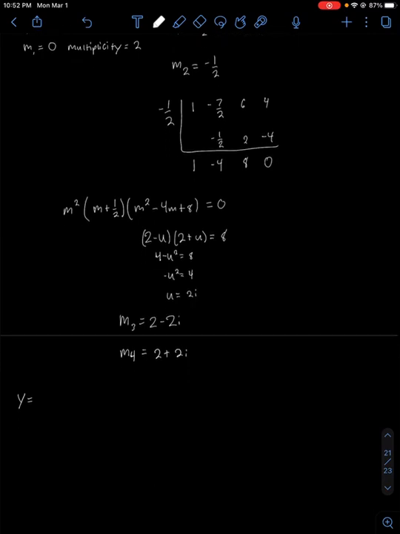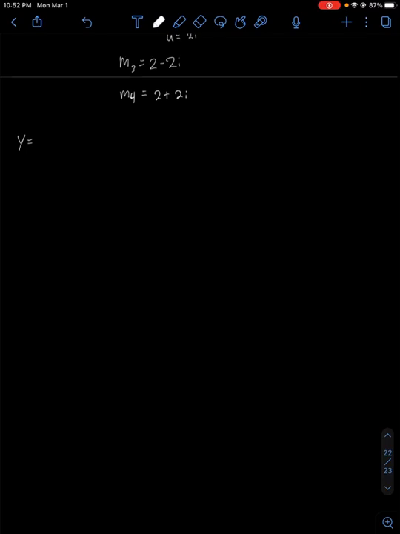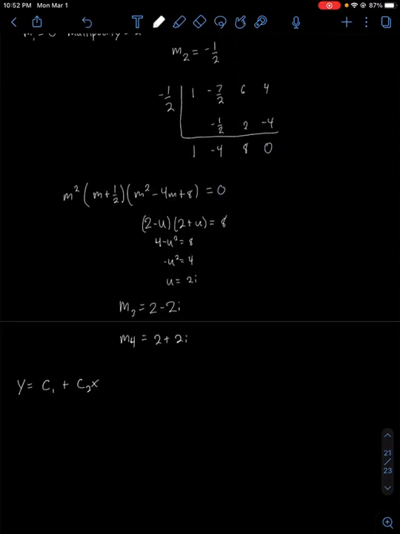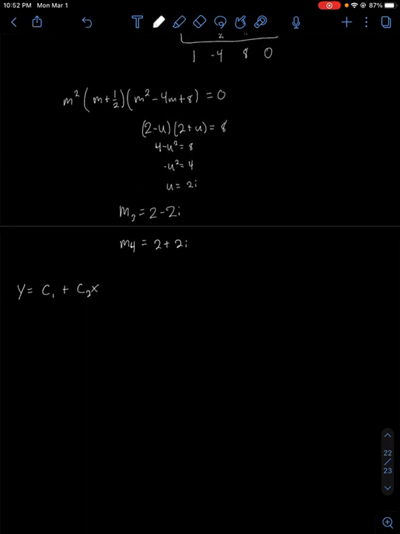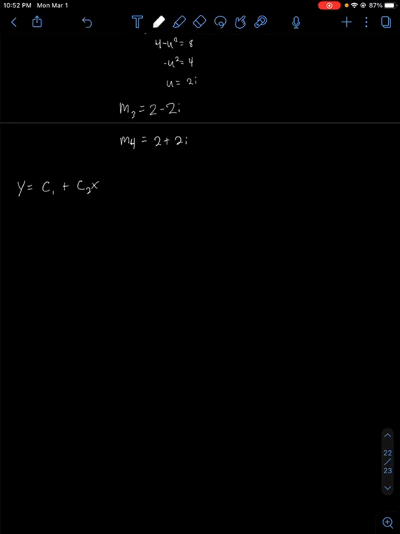So c1 times e to the 0x plus c2x times e to the 0x plus c3 is 2 minus 2i is e to the alpha x is e to the 2x times c3 cosine of 2x.